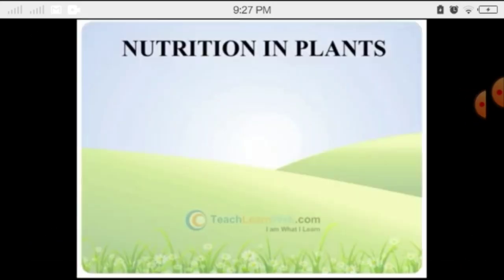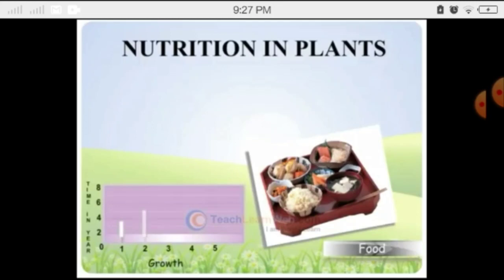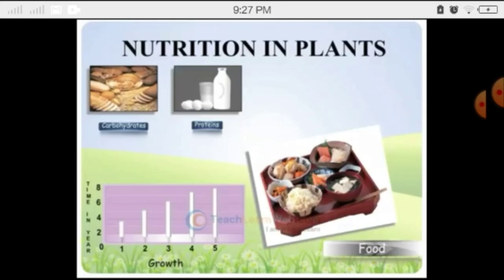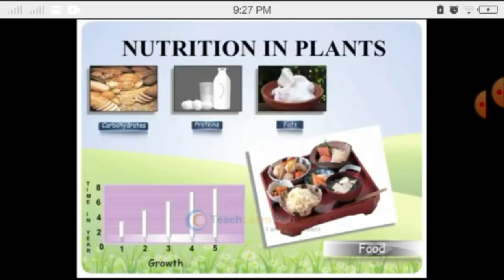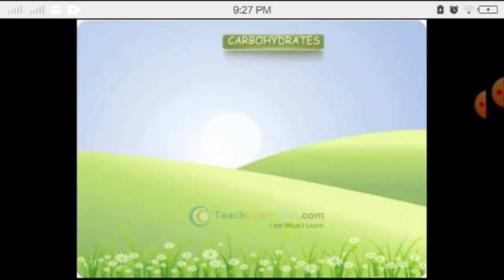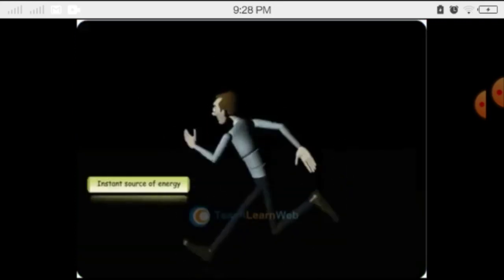Nutrients are the materials present in our food. They are useful for our body growth. They are carbohydrates, proteins, fats, vitamins and minerals. Carbohydrates are instant energy sources of food.